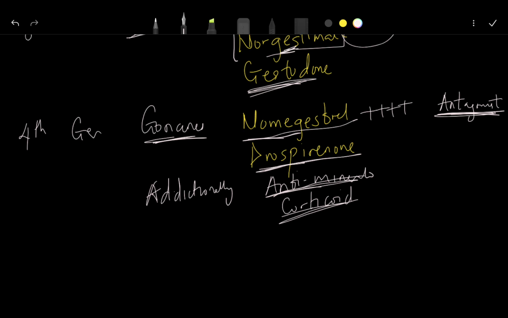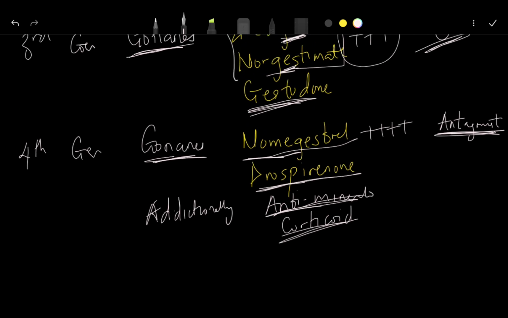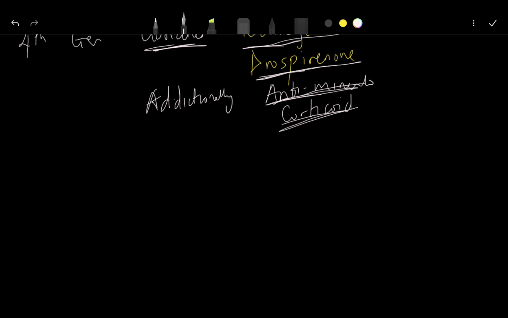Okay, so this is everything about the progestins. Again, I said progestins are progesterone-like drugs, and we have the natural one and we have the synthetic one. The natural one is your progesterone, and I said that is the most important one because it is from progesterone you will get the other sex hormones, basically estrogen and the androgens, even your mineralocorticoid.